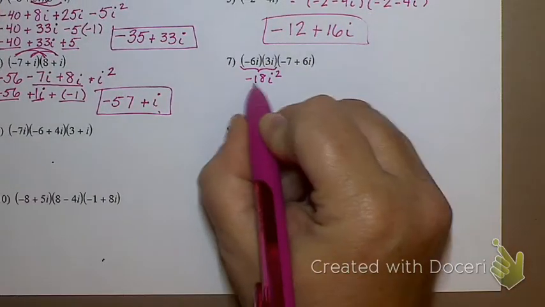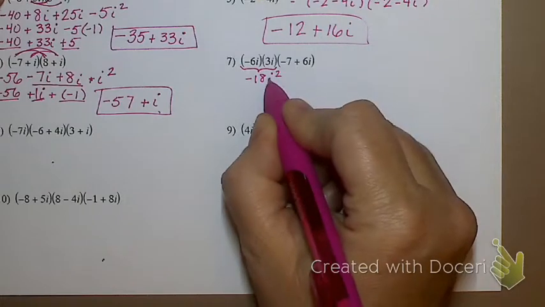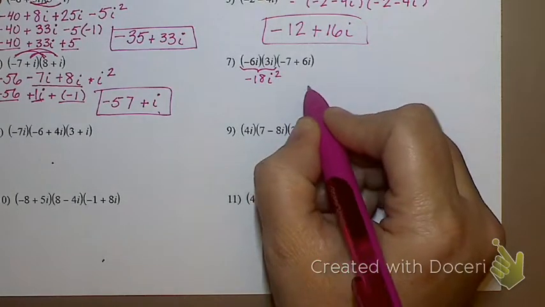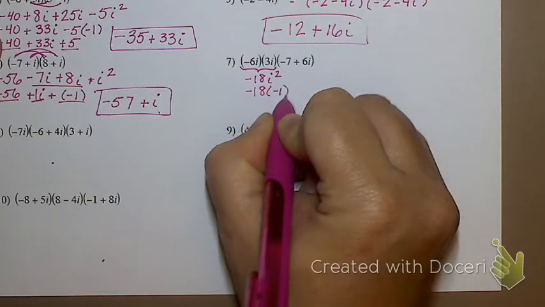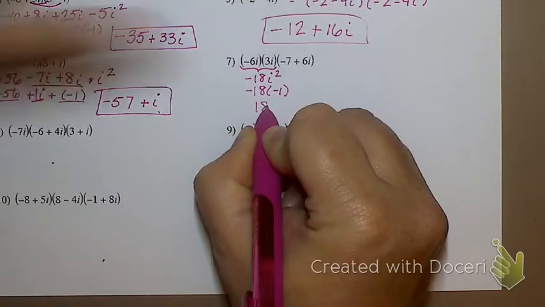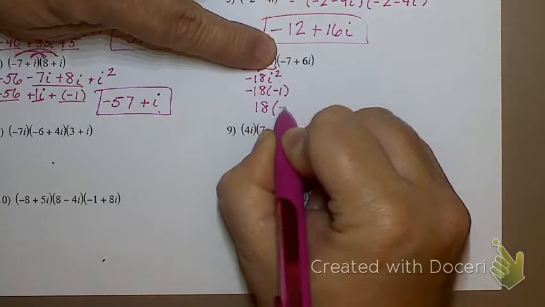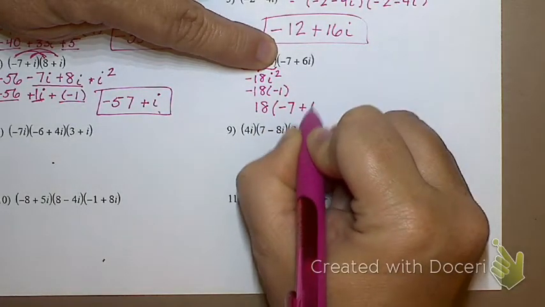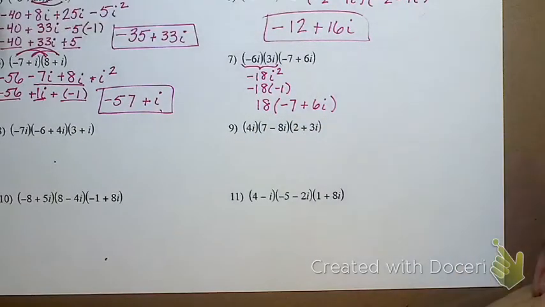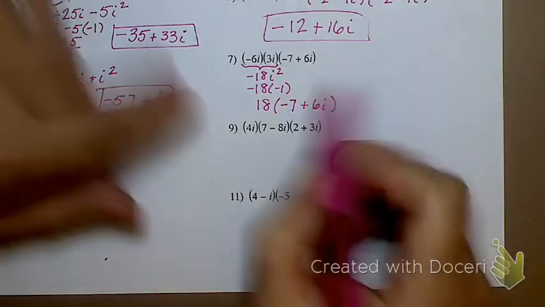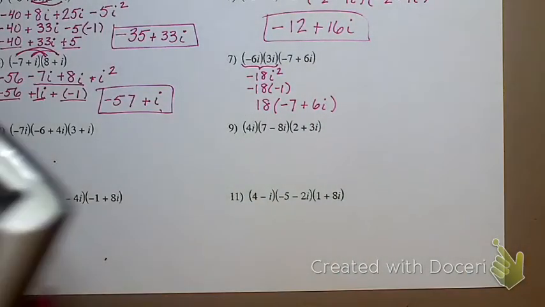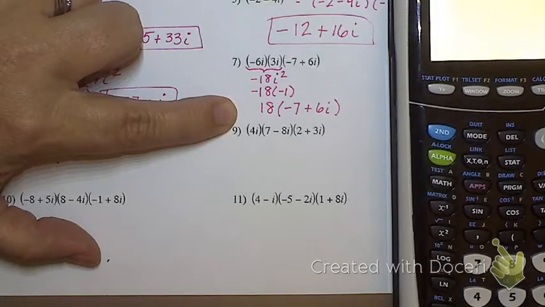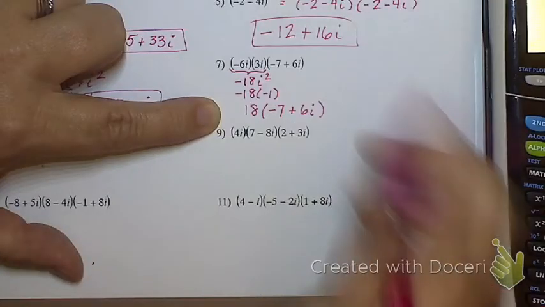So if I have negative 18i squared, I'm going to go ahead and replace that i squared before I go on to the next step. So that would be negative 18 times negative 1, which ends up being positive 18. Now I have to multiply it through the negative 7 plus 6i, but that's basic distributive property, right? 18 times negative 7 is negative 126.